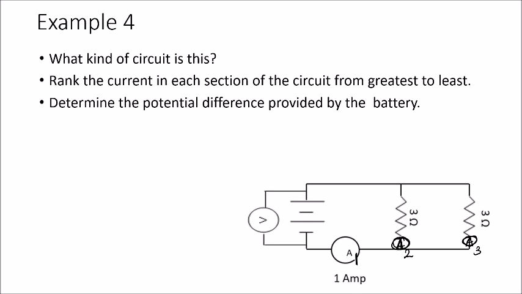The third question, determine the potential difference provided by the battery, is a 2-step question. Remember to pause the video so that you give yourself time to work and think, because it's always best to try things out.